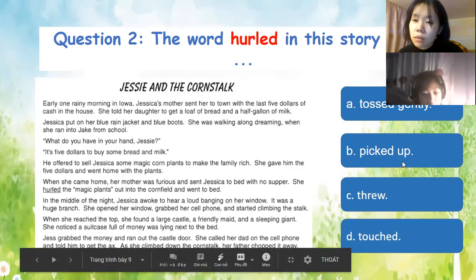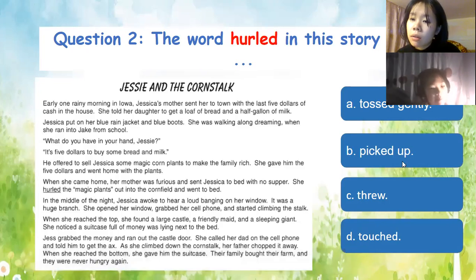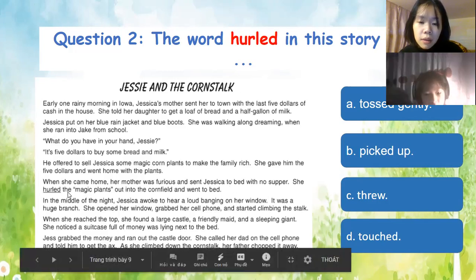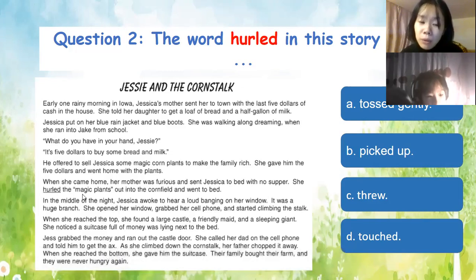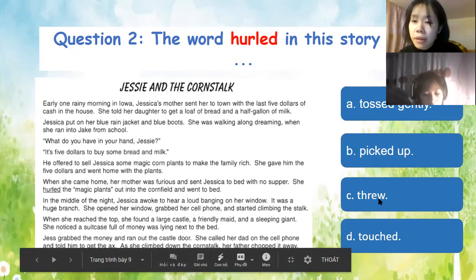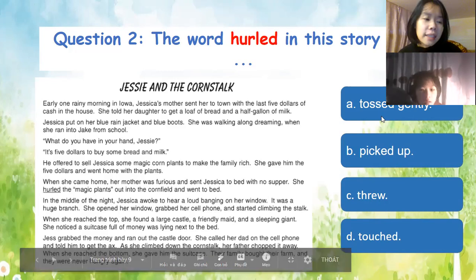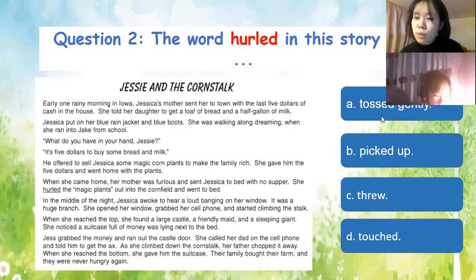Pick up là gì nhỉ con nhỉ? Pick up là đón này, là nhặt này, là hái này. Đúng không? Ở đây con xem ở đây. Hái the magic plant, hái cái cây ma thuật ra. Throw là ném, touch là chạm. Còn toss gently, cô chưa biết nghĩa từ này. Con cũng chưa biết nghĩa từ này đúng không? Vậy con đoán cái này đáp án là gì?